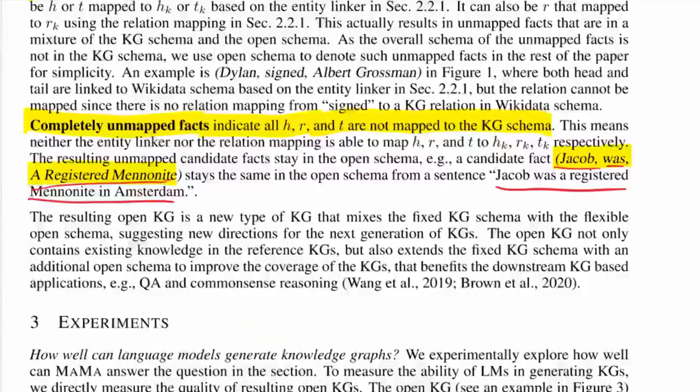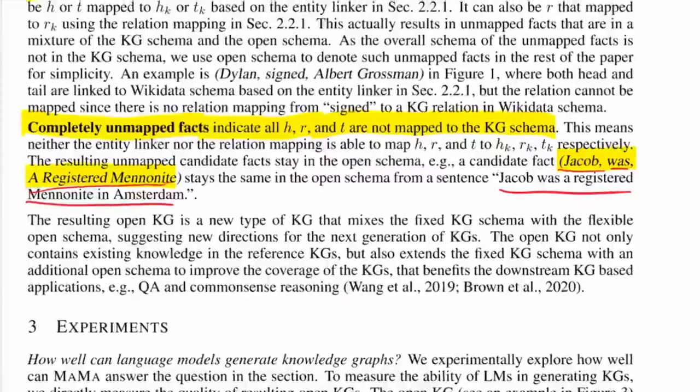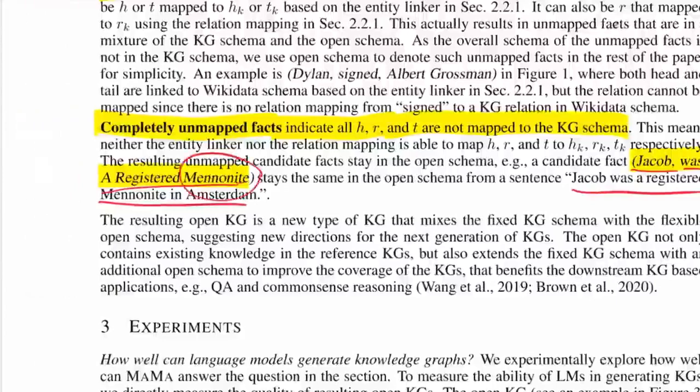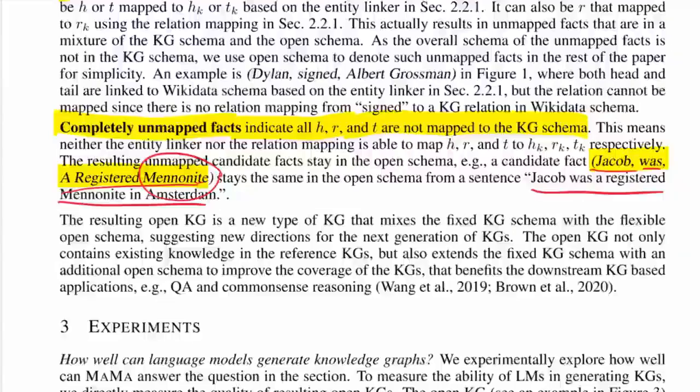And I'm very, very sure that any of these knowledge graphs with the schemas that they have have being in a religion or being of a certain faith in their relations table somewhere. And I'm also pretty sure that Mennonite is large enough that it would actually appear as an entity. Maybe Jacob not, right? Maybe Jacob is an unknown Jacob.